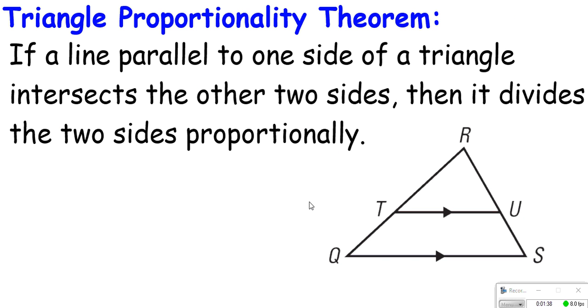So what that means is that the proportion of, let me put this into symbols.